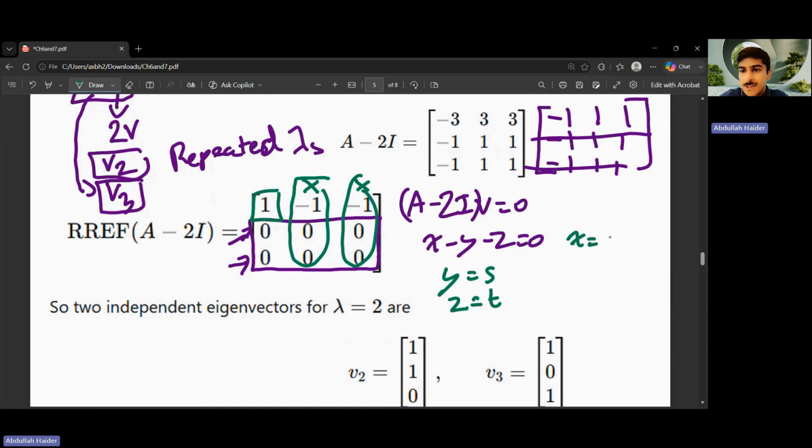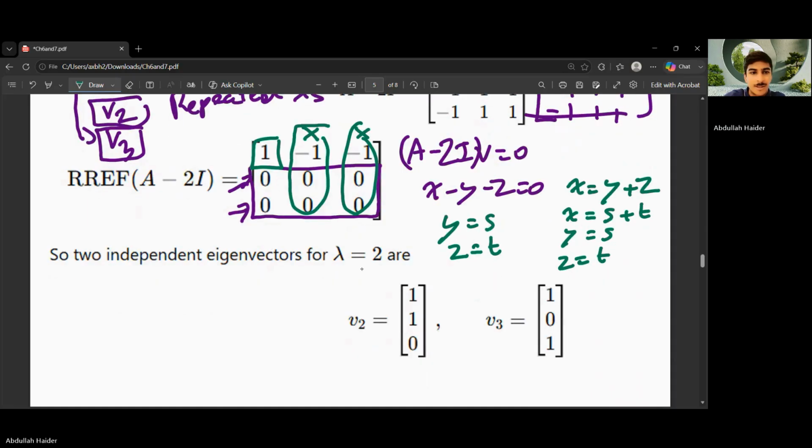So x equals y plus z, meaning x equals s plus t. Then y equals s, z equals t. You can write this as (s plus t, s, t).